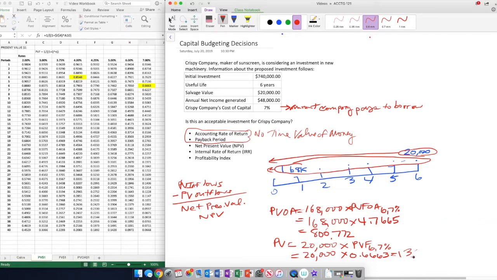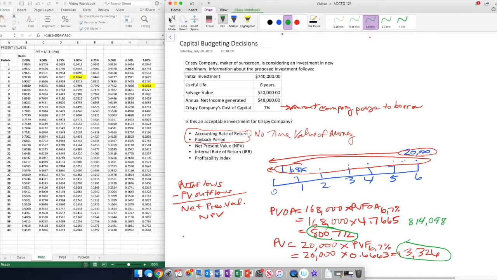$13,326. Now, to know the total present value of what's coming in, we got to take our 800,772 and the 13,326 and add them together. And we get $814,098.